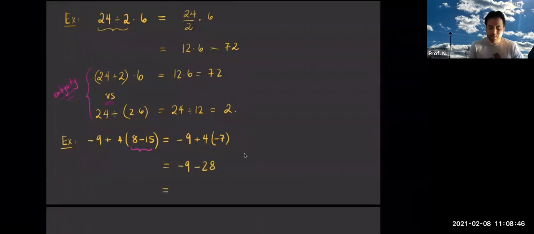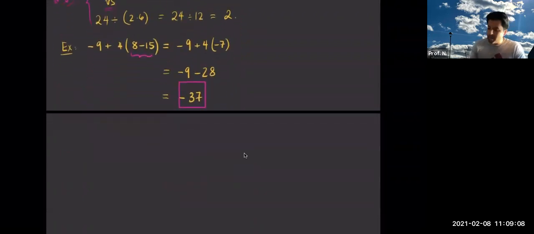And then what we have to do is combine the numbers here, -9 and -28. And the result will be negative what? -37. Okay, good. So see, that one was straightforward because there's no ambiguity there. We know exactly where to go from here.